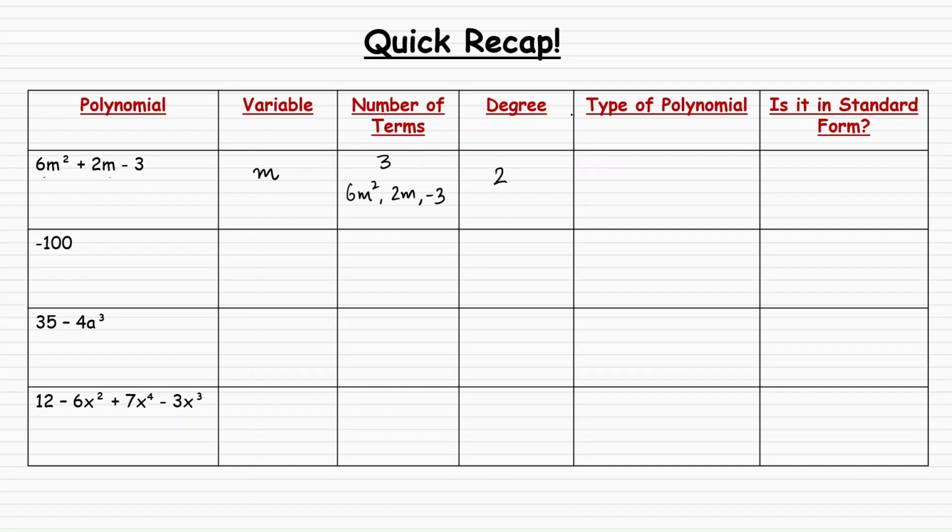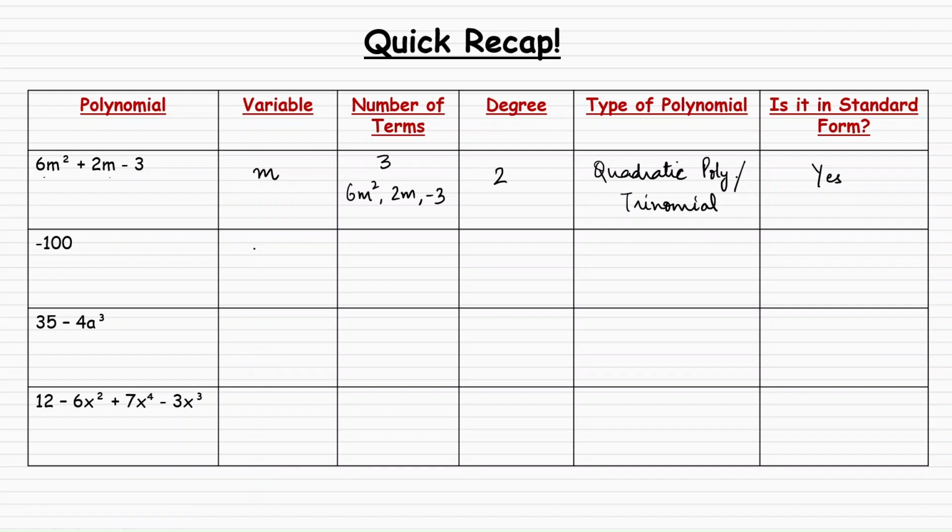What type of polynomial is this? It's a quadratic polynomial because the degree of the polynomial is 2. So it's a quadratic. And also you can say that there are 3 terms. So it's a trinomial too. Is this polynomial in the standard form? Yes, it is in the standard form because the highest exponent term is written in the beginning and then followed by the smaller exponent terms.